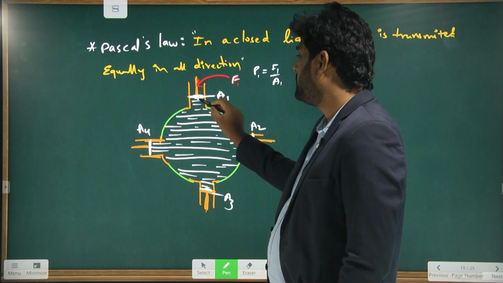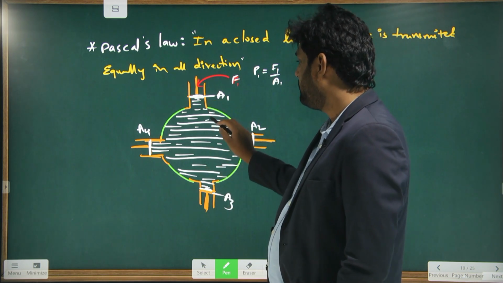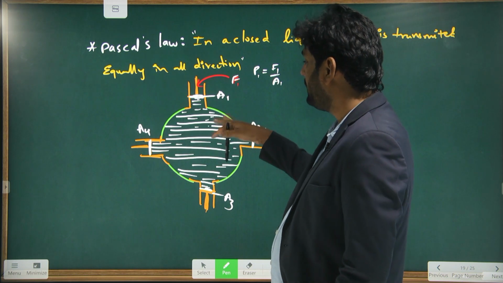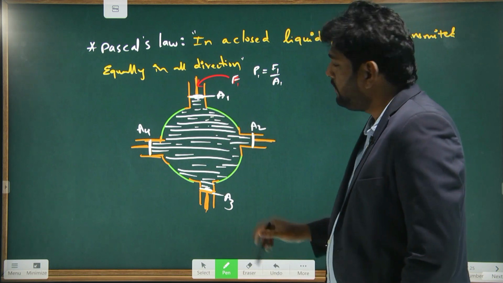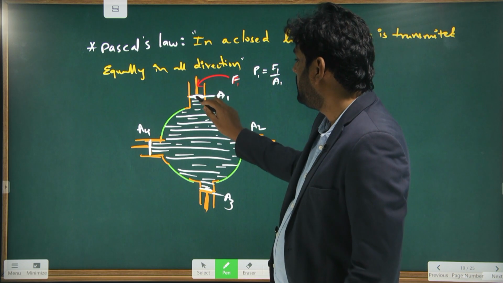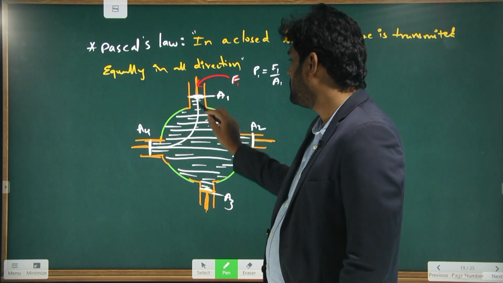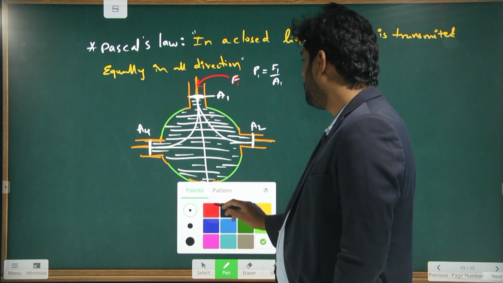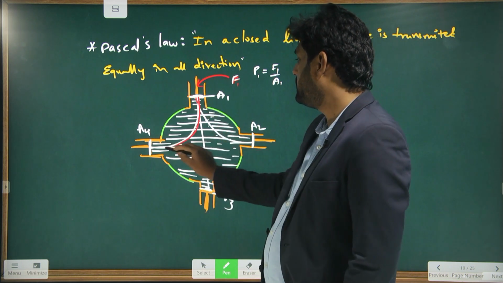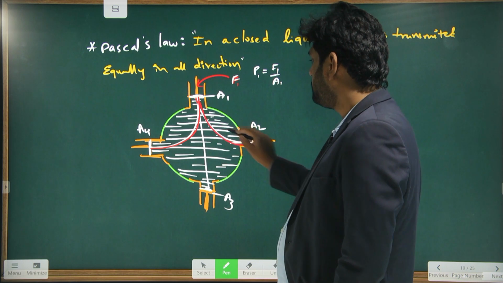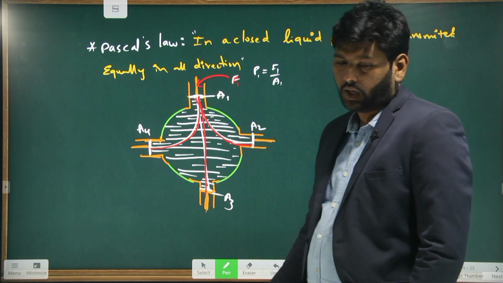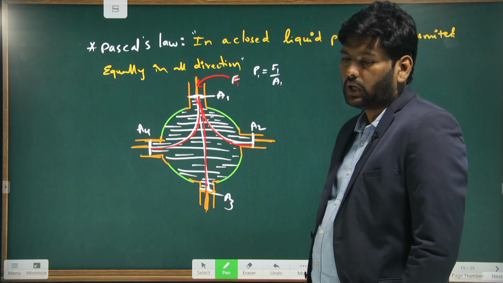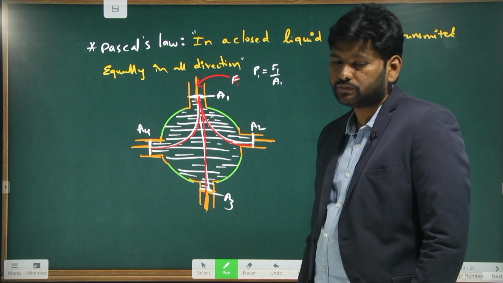But whatever the pressure exerted here, because of this totally closed liquid, it is going to reach this piston, and even this piston. Understand? It happens simultaneously. Yes or no?